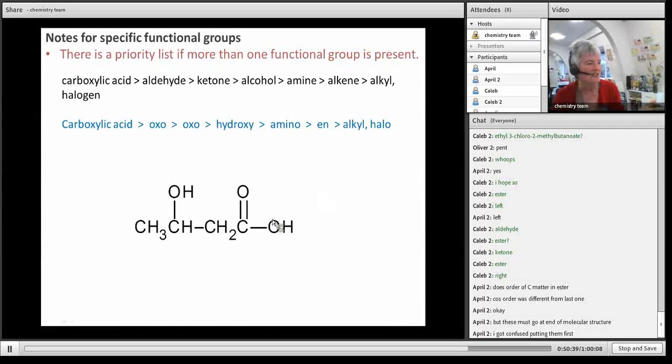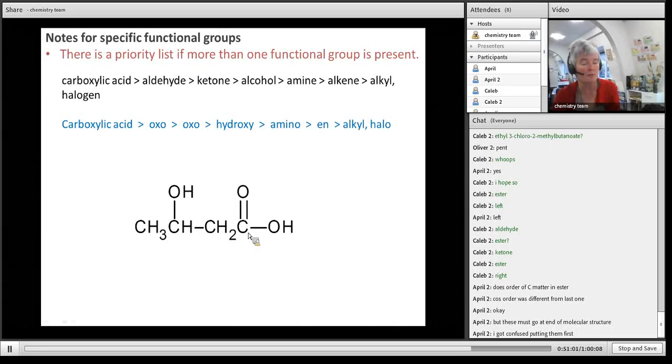So here I've got an OH together with a carboxylic acid. This is the dominant group, so it's going to end in oic acid, and this will be carbon 1. That's why I say you've got to learn the order, because the dominant one gets put at the end of the name and it becomes the lowest possible number.